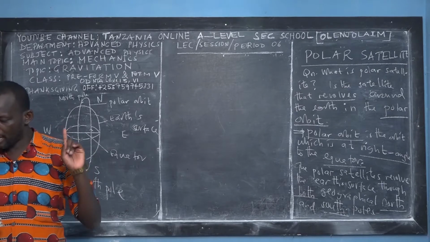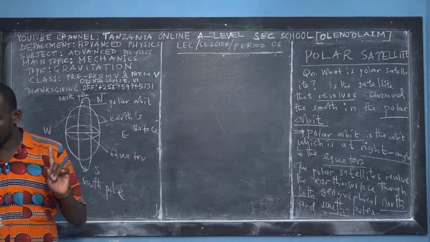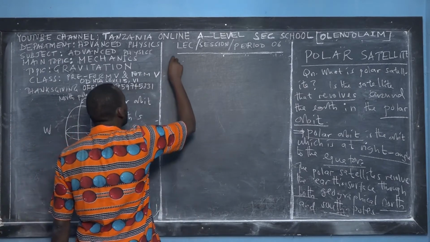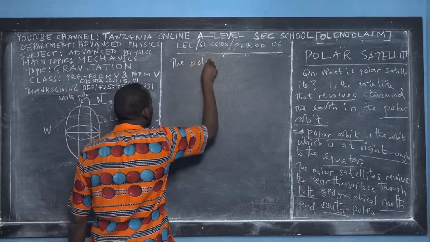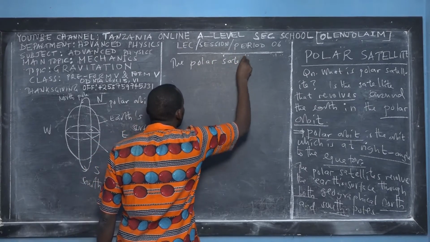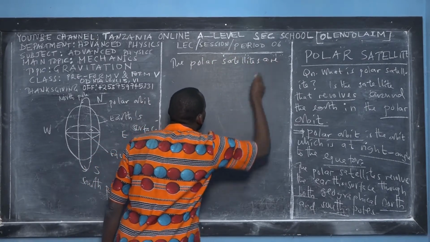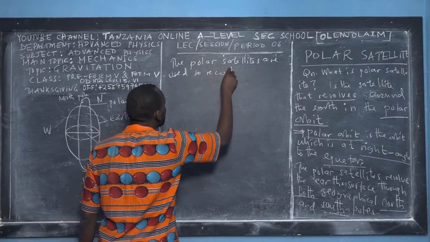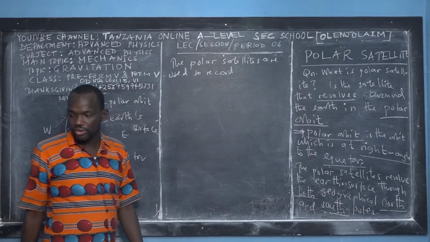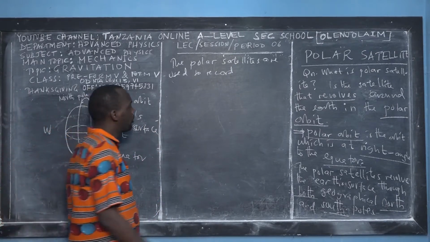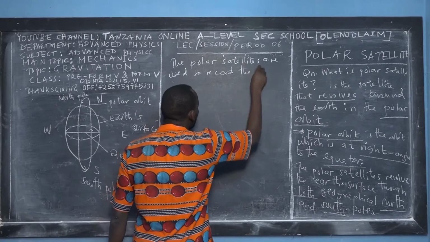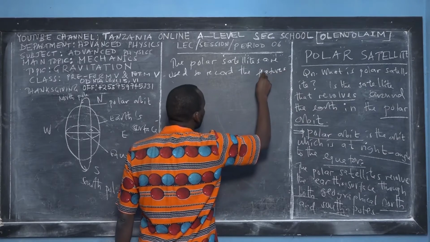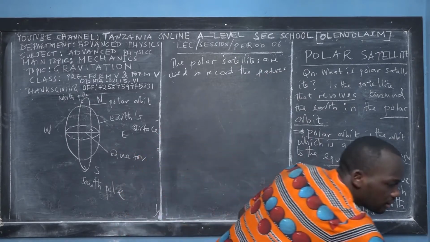So the basic applications: the polar satellites are used to record land and sea temperature. Okay, used to record the features and everything about the land.